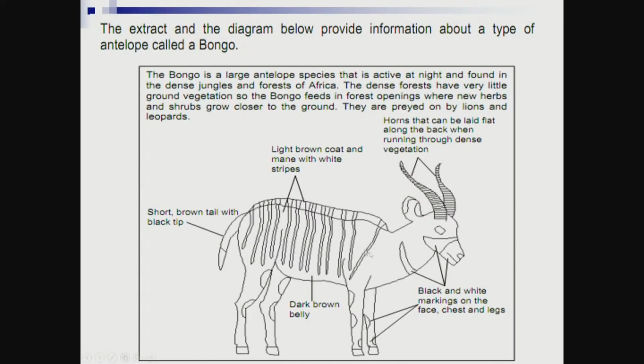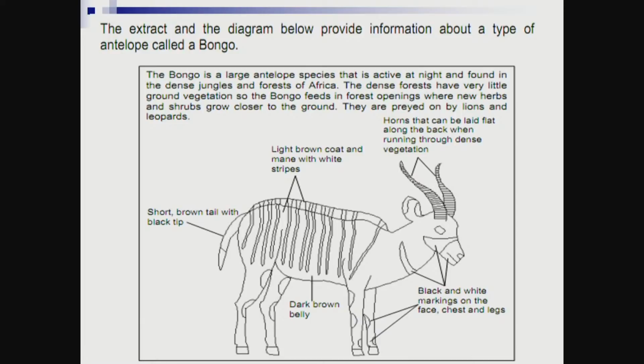example is. For example, then it was the bongo bok, or bongo, that was living in the thick bushes of Africa. So it is a very unfamiliar example, but the variation was that some of them could lay back their horns and some of them could not. The one that could lay back the horns had the favorable characteristic.